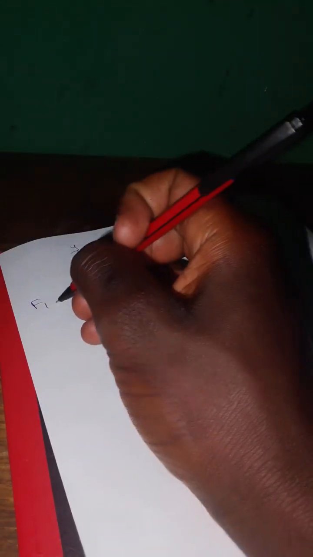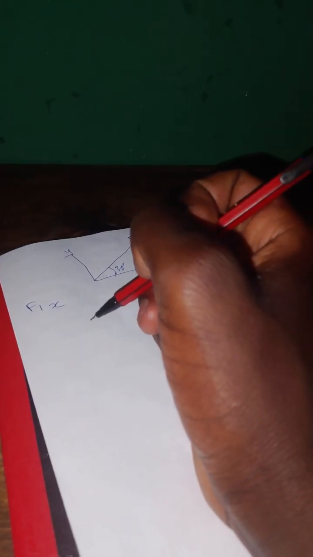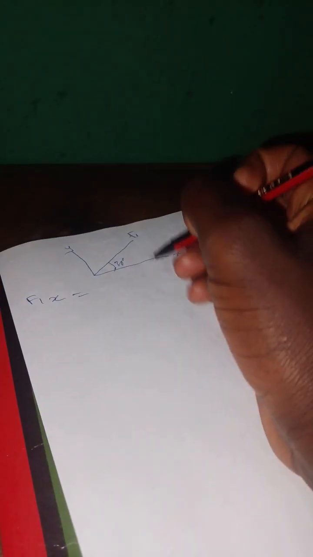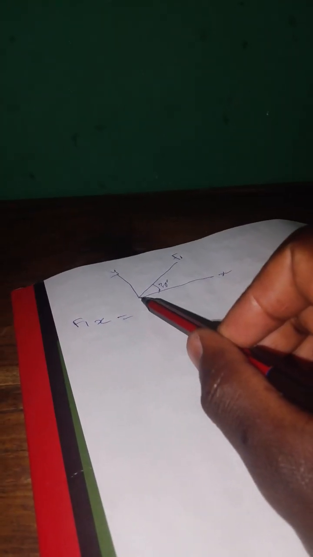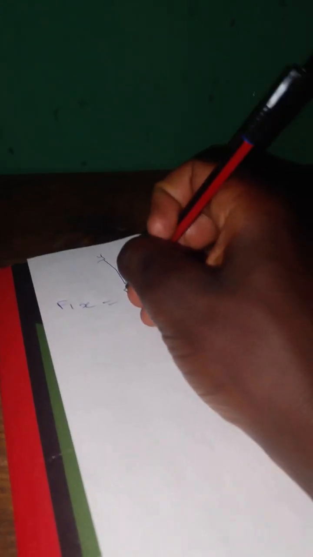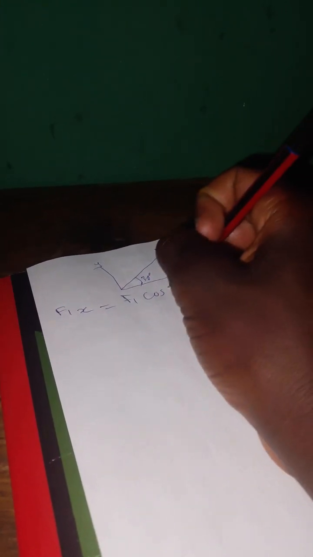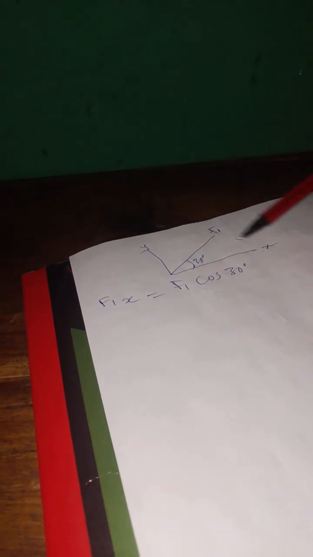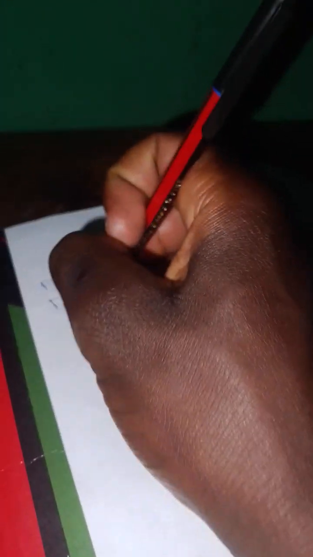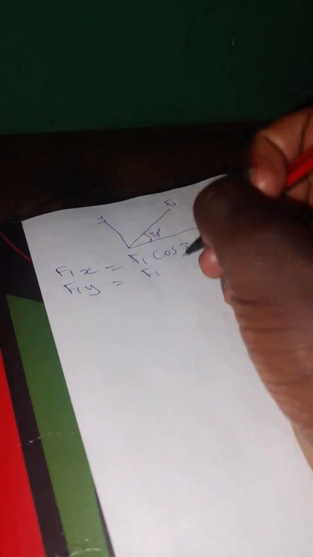F1x, if you want to find the magnitude of this, you say F1 cos 30 degrees. So for the x-axis you say cos, then for the y-axis you say F1 sin 30.